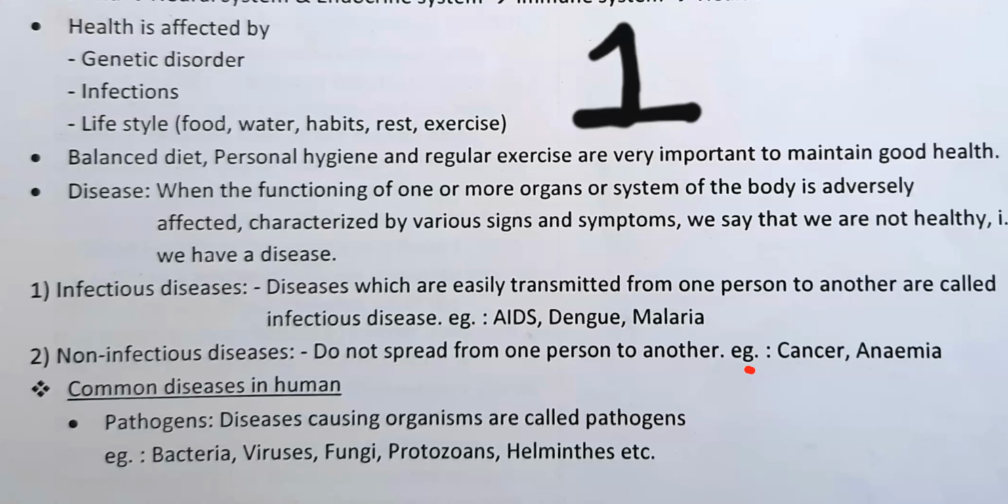In our study, we're going to talk about some bacterial diseases in humans, some viral diseases in humans, some diseases in humans caused by fungi, some by protozoa, and some by helminths. Let's start with the first one, some important bacterial diseases in humans.